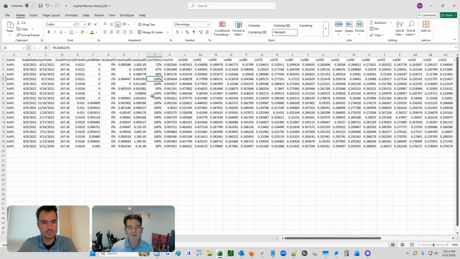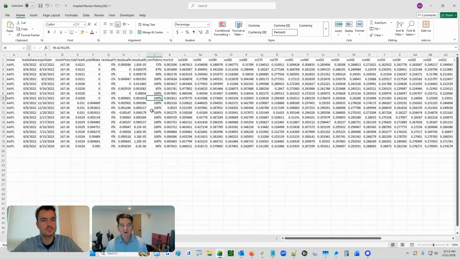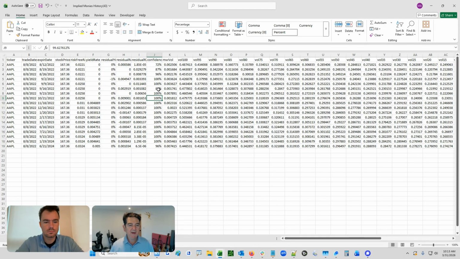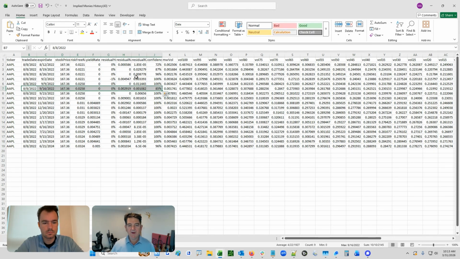Usually you'll have a very high confidence, around 100, and that ranges from 0 to 100 for each expiration. But you could see some of these months were lower, and that just means that they could have wider markets or fewer options. So that's how we get the confidence.